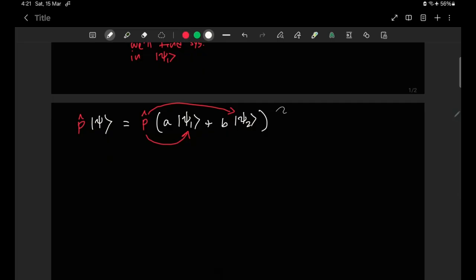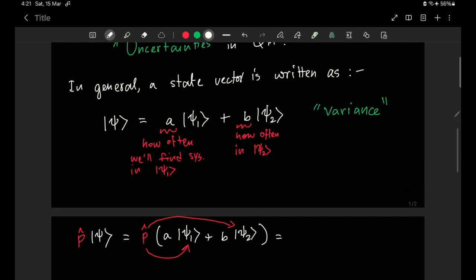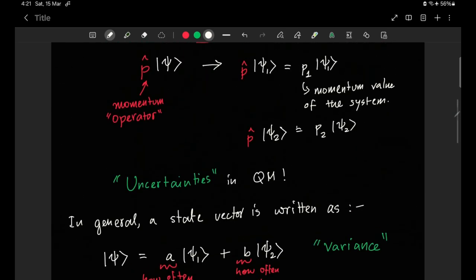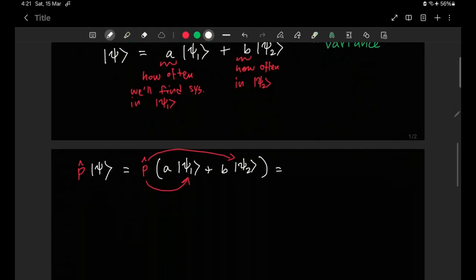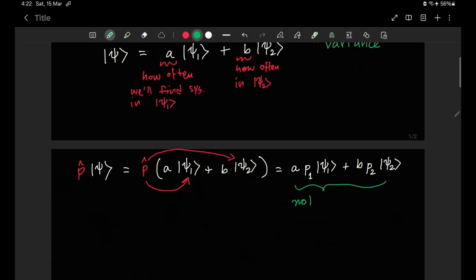So if we were to do that, then P acting on psi 1, remember the momentum operator acting on psi 1 gives you the value P1. The momentum operator acting on psi 2 gives you the value P2. So simply, we end up with a P1 psi 1 plus b P2 psi 2.